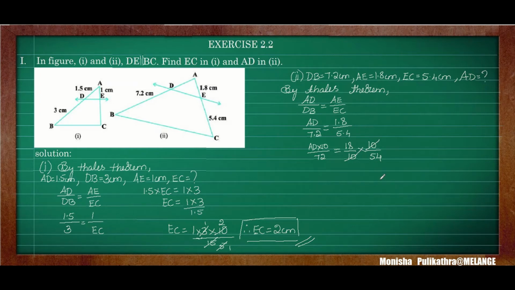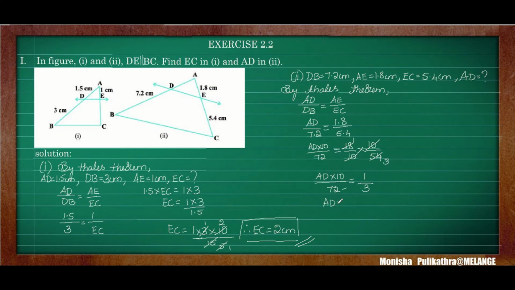So 10 gets cancelled. Remaining, 18 ones are 18, 18 threes are 54. So we got AD into 10 divided by 72 is equal to 1 divided by 3. Next, we need to do cross multiplication here.